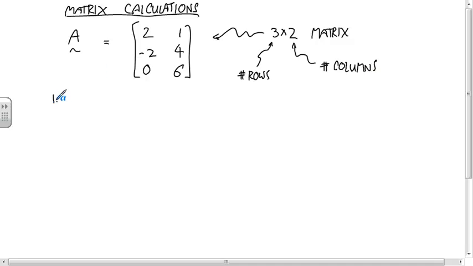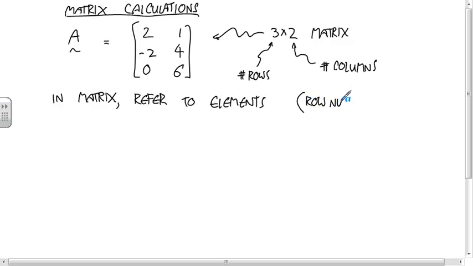And inside the matrix, you can refer to the different elements of the matrix by listing first the row number and then the column number.